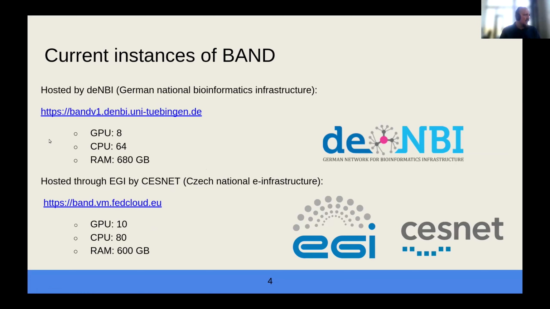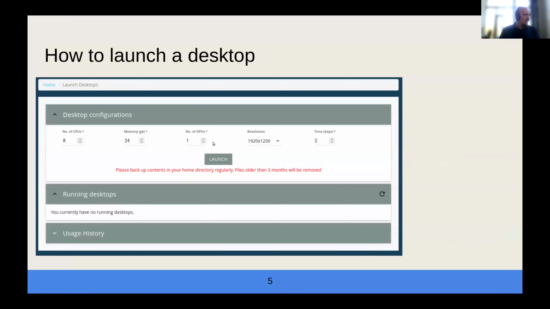So how do you access BAND? You basically can click either of these links. You go to these pages, and then you can log in. You have to authenticate first, and you can simply authenticate with your Google account. It's very simple. It takes about 5 minutes, and then you can log in. And then you basically see a window like this, and you can specify the resources you want, and then click launch.